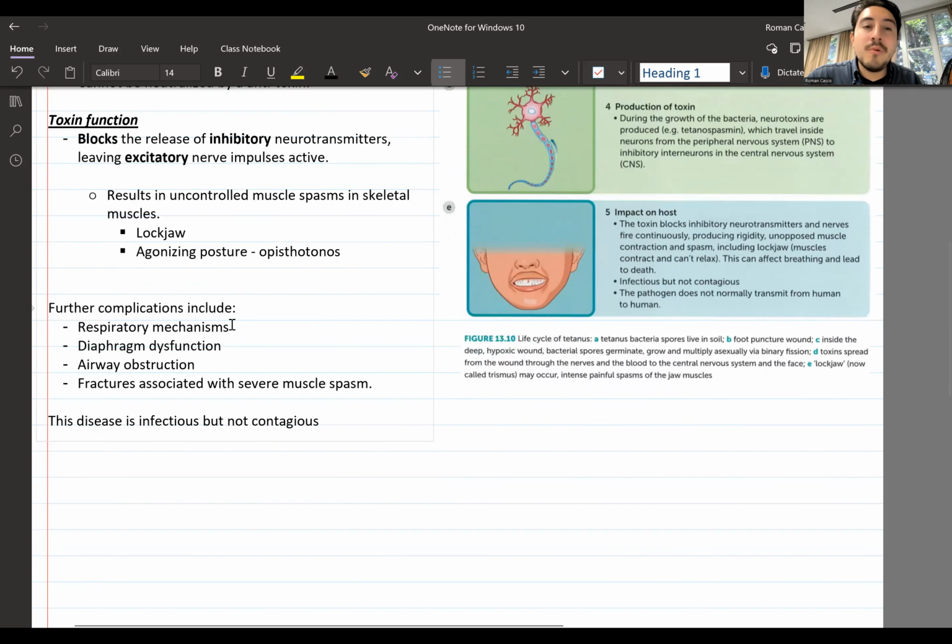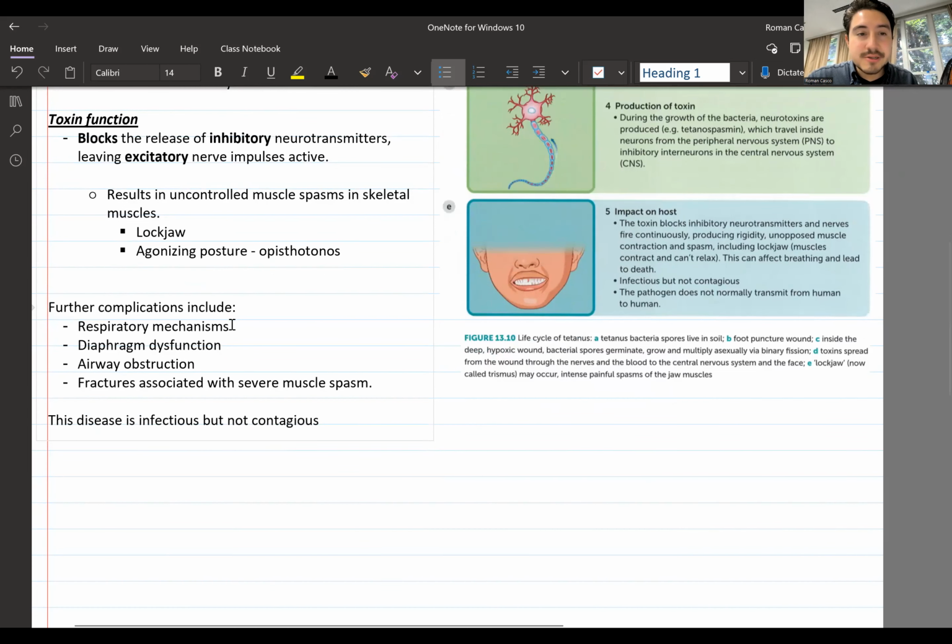Moreover, beyond just the muscular system, you can get very critical situations where you have problems with the respiratory system. The diaphragm, the tissue below the lungs that helps them expand and contract, doesn't function properly, and muscles are obstructing the airways.